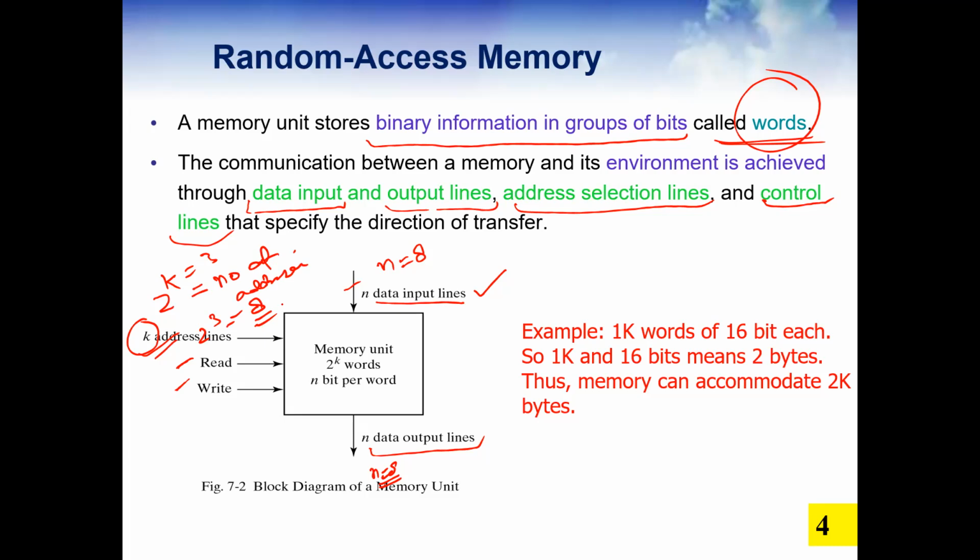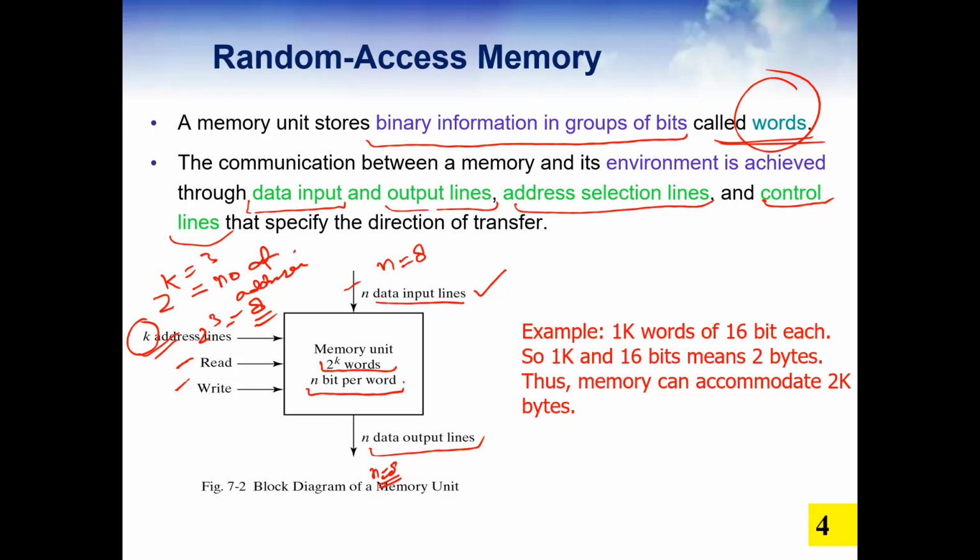So the memory consists of 2^k words or 2^k registers. If k is equal to 3, it means 8 words or 8 registers, and each word or register can have n bits per word.